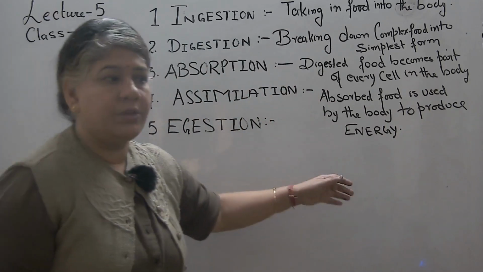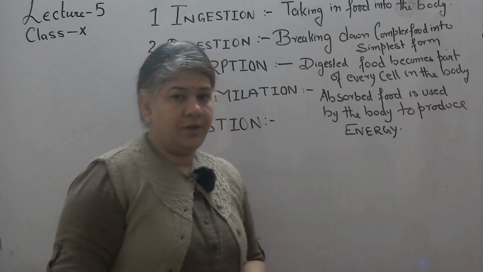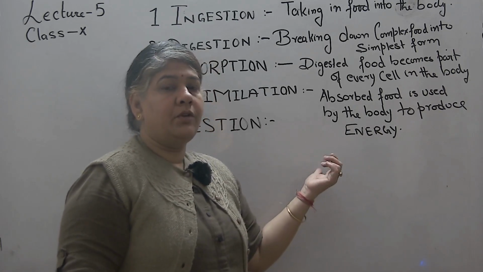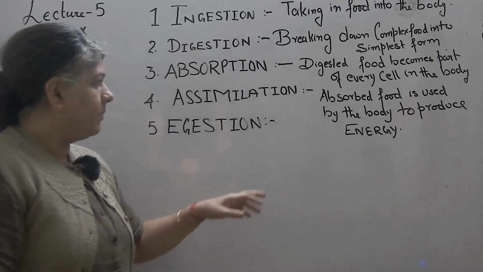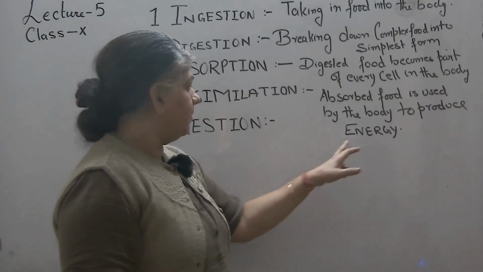And by which process energy is produced in the body? It is respiration. So next topic after nutrition will be respiration. So now the food is ready to produce energy.